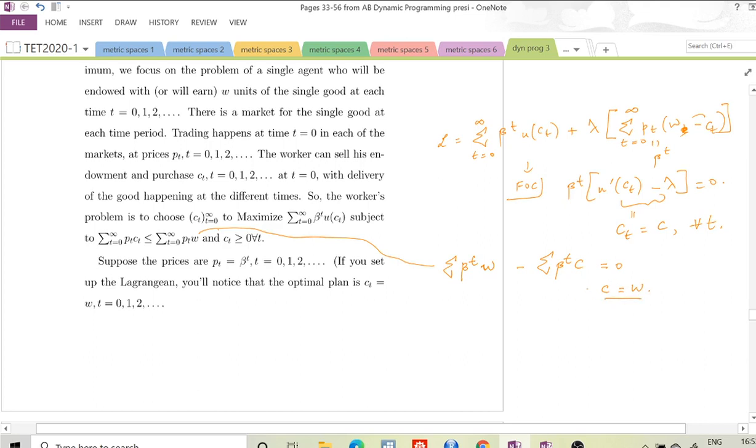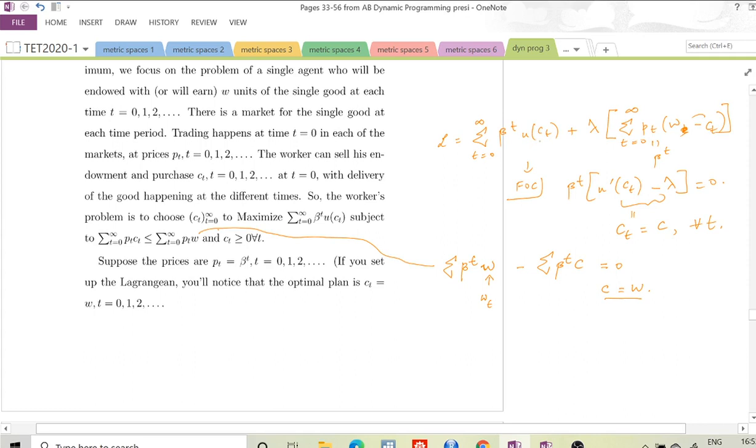This is a little distracting, I didn't want to talk about the solution. If instead of a constant W, you have different amounts of endowments, but if p_t is equal to beta to the t, then it will still be that your consumption is the same over time.